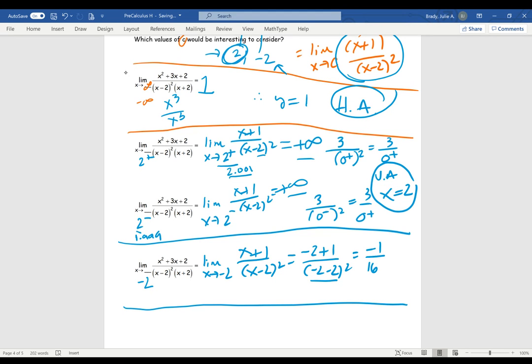And since the output doesn't exist, but the limit exists, we say we have a removable discontinuity at x equals negative 2. And that point that you would have expected to be on the curve would be at negative 2, negative 1/16, but it's not on the curve.